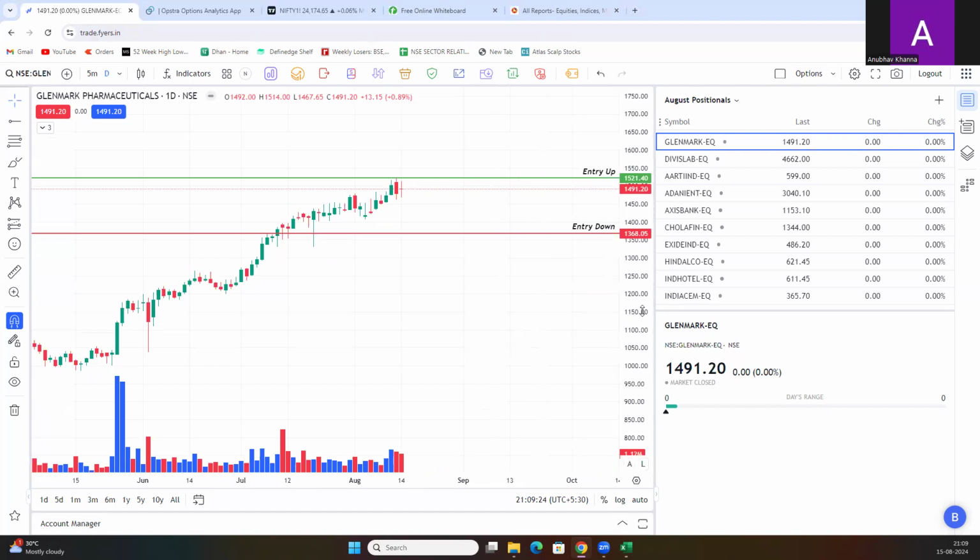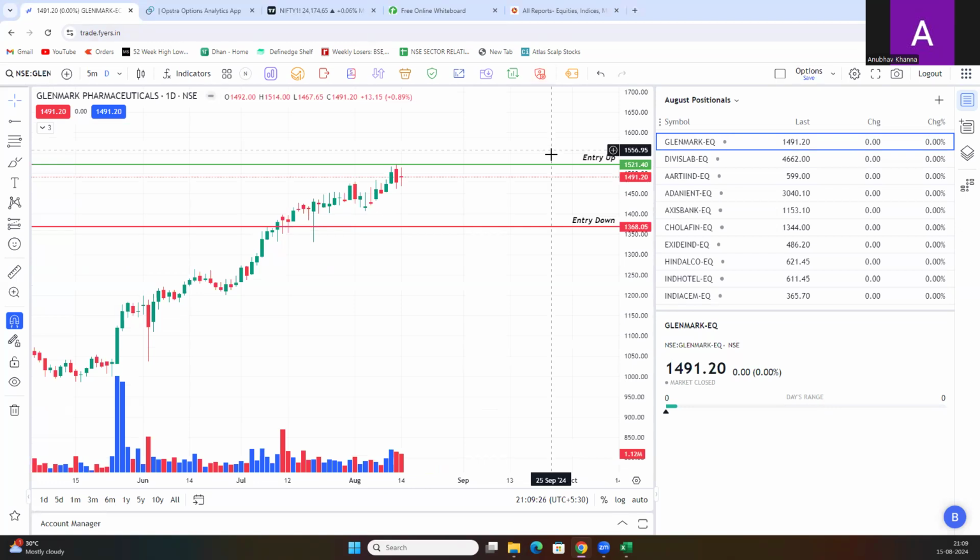There can be various options and strategies which you can explore. If I sit and share all the option strategies, it will take I don't know how many days. So option strategies are something that you need to learn on your own. I can provide you the material which you can see.